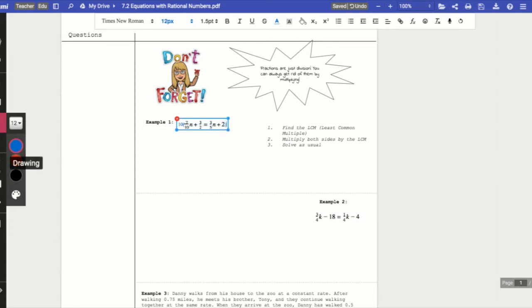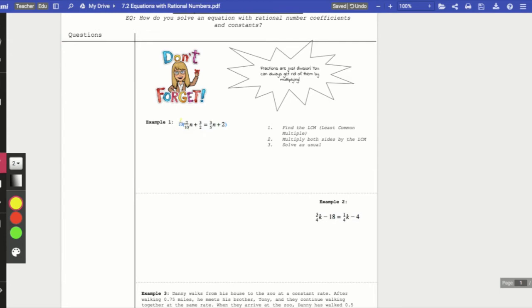I'm going to use my drawing tool to show you that I'm multiplying 10 to 7/10, 10 to 3/2, 10 to 3/5, and 10 to 2.